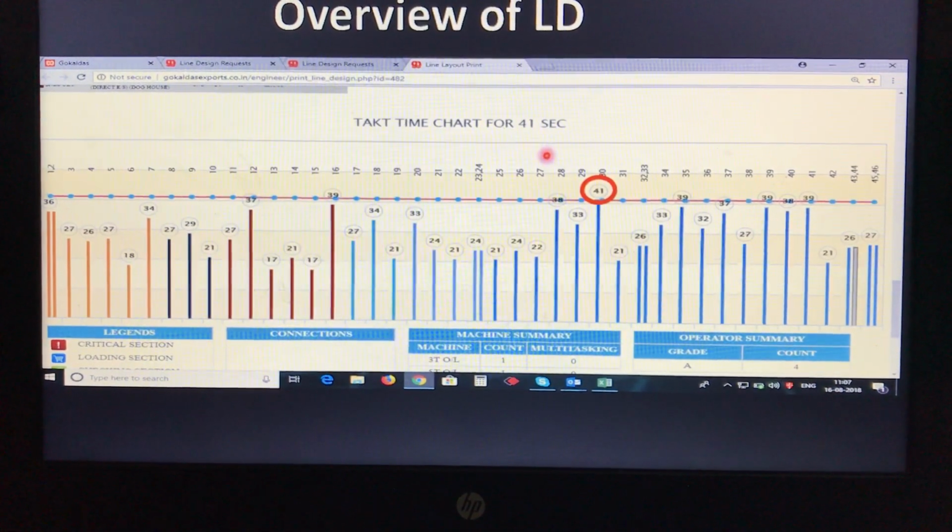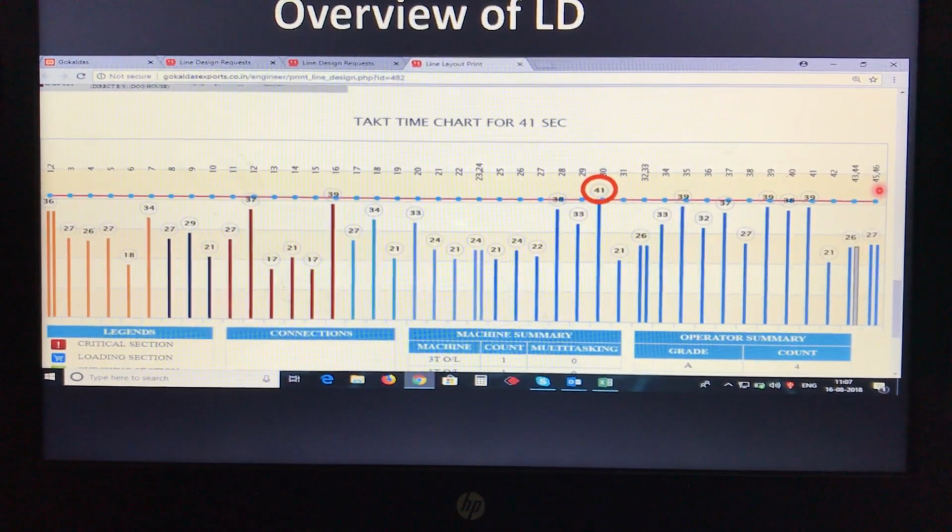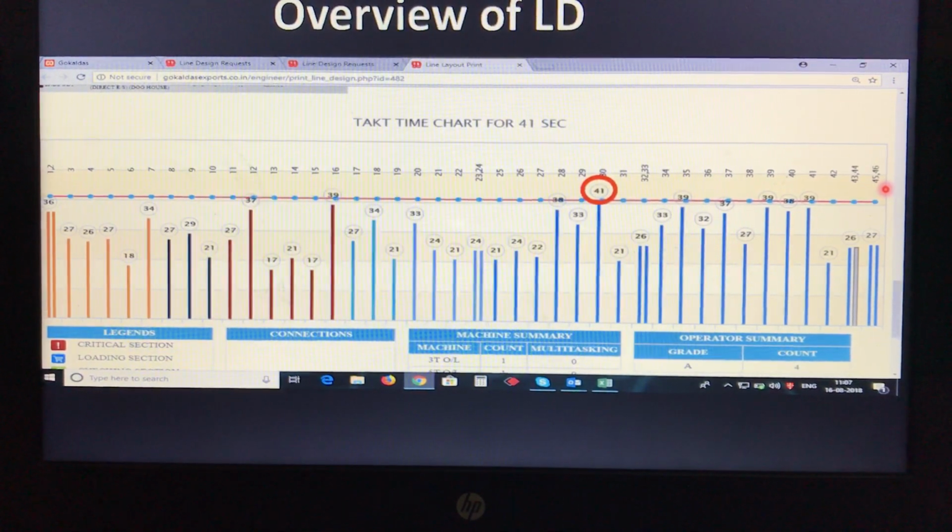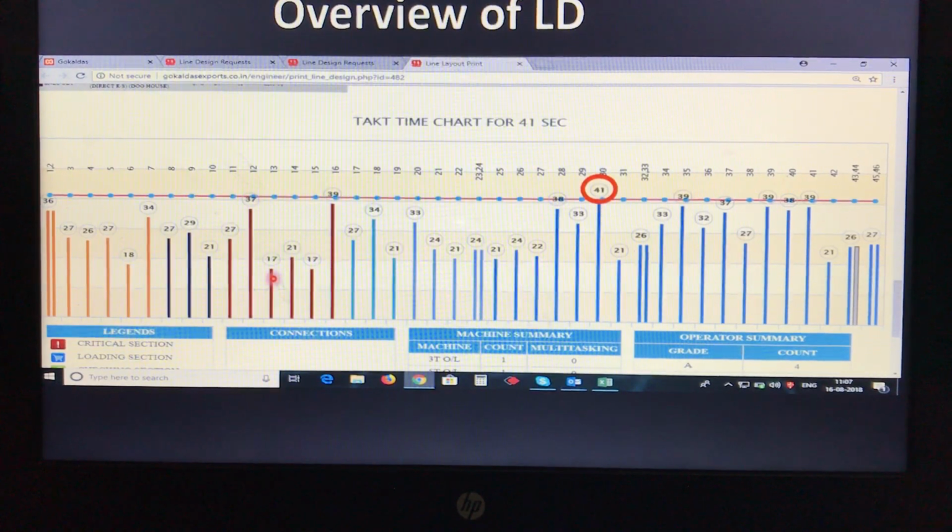So this line design has about 46 workstations, and the highest SAM in this line is at 41 seconds. The least is at 17 seconds.